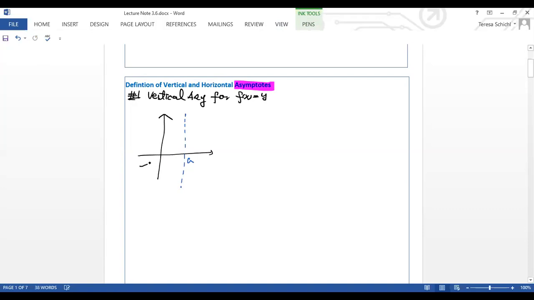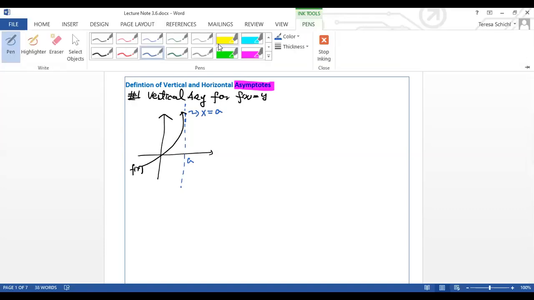They can go close this way, going up. So this function f(x) will get very, very close to this asymptote x equals a, but it will never touch it.